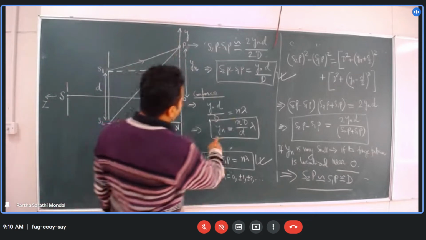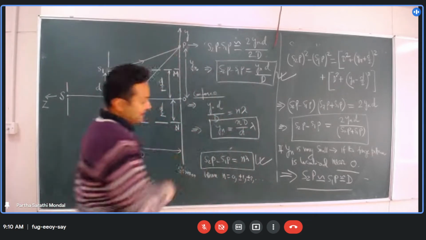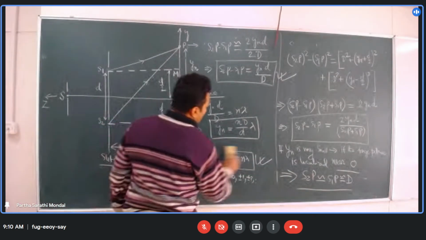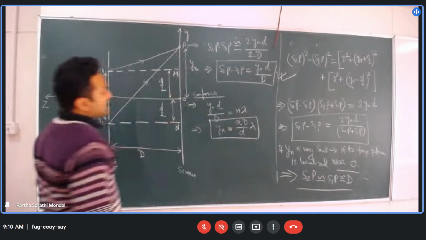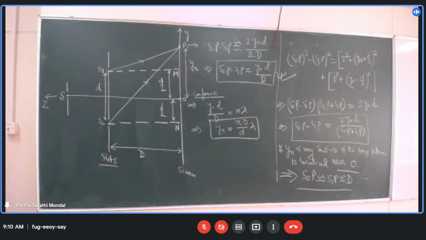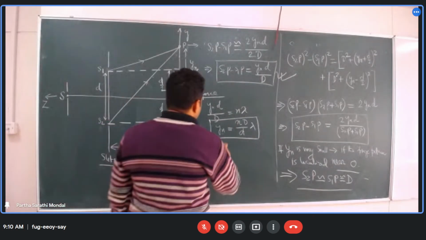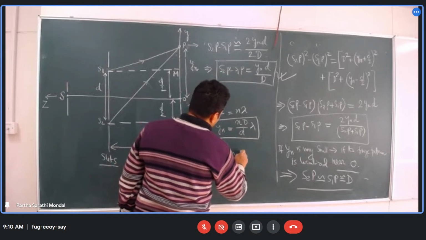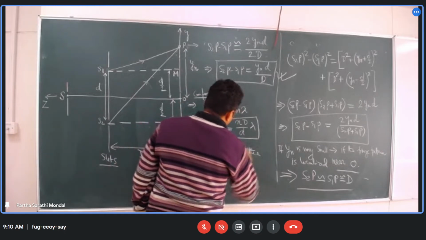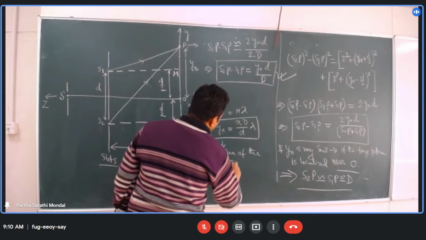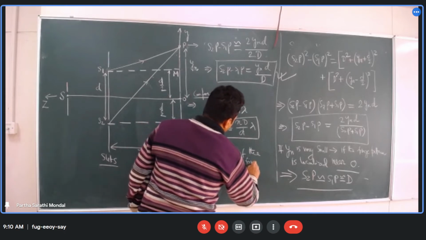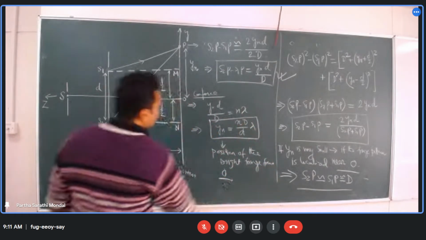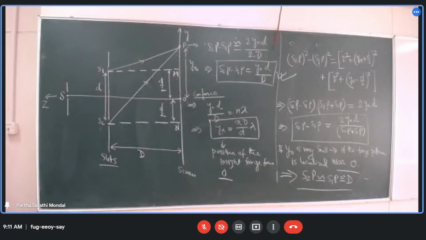Now why do we put yn instead of y? It is actually the position of the bright fringe. We took the condition for bright from O.